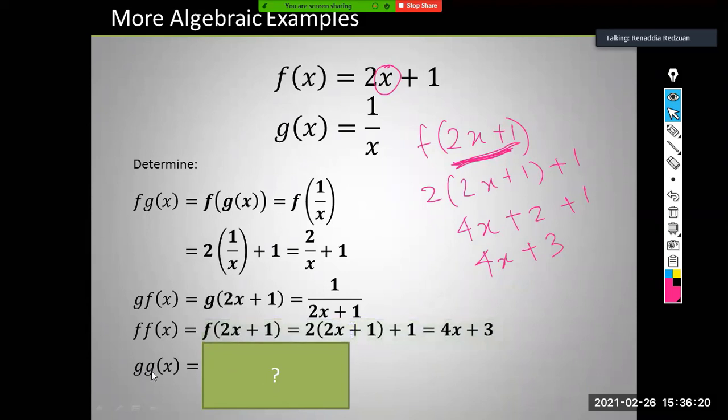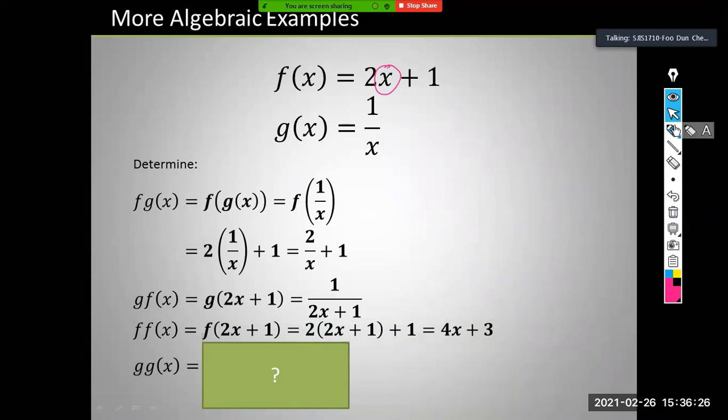For the last one here, you apply function g twice. 1 over 1 over x. What? Is it? Okay, wait, yeah. So gx. So g is 1 over x, right? Now you need to apply this as the value of x again in function g. So 1 over, the x now is 1 over x.